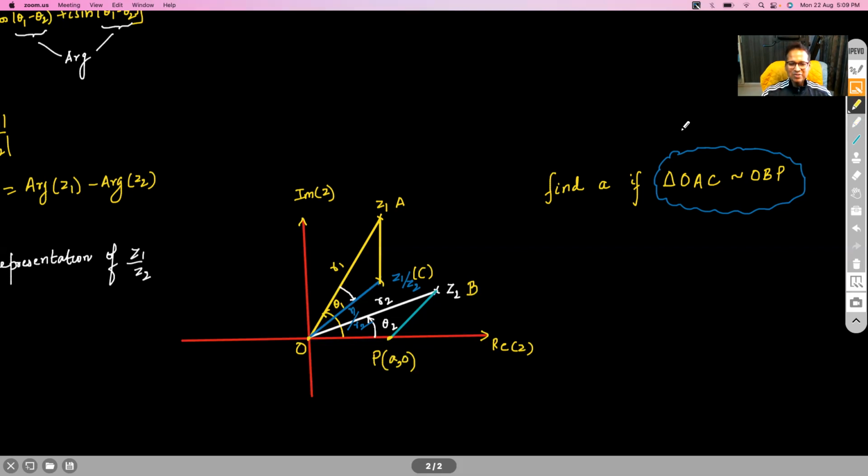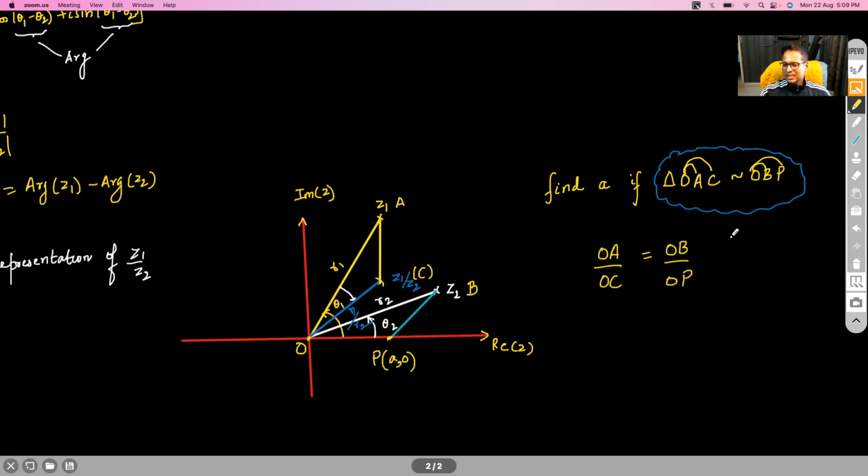Okay. See, all of you, please pay attention. OA by OC will be equal to OB by OP, because these two triangles are similar, so their sides are proportional. Let me write them down first of all in terms of expression.